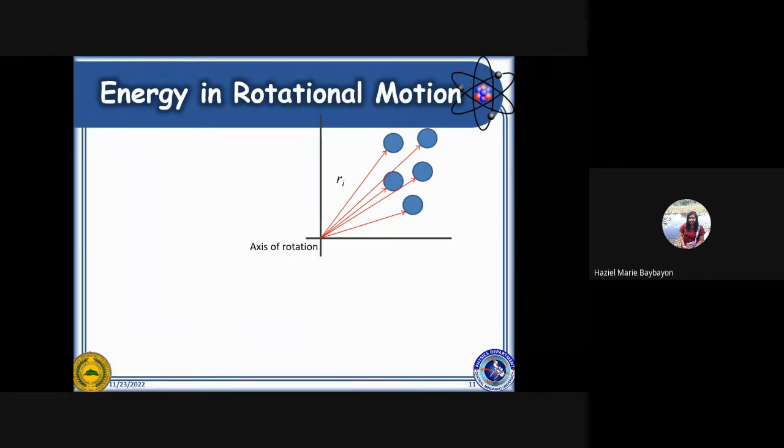Okay, so they are somehow related. So again, class, as the rigid body rotates, there are two types of motion. One is linear, and the other is rotational. So in this chapter, we are accounting for the rotational motion.